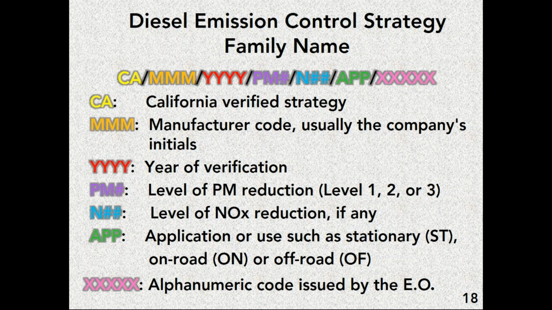It'll say what state it's verified in, it'll say who the manufacturer was, the year it was verified, if it reduces particulate matter, what level it will reduce, and there's only 3 choices there. It's either 1, 2, or 3, and I'll go over what those are in a little bit. It'll also put in a percentage if there's any NOx reduction and tell you what the application is. So for example, if it says ST, that's for a stationary engine, ON, on-road, OF, off-road. And then the very last thing, similar to the engine family name, there'll be a listing for the alphanumeric code that's issued by the executive order.